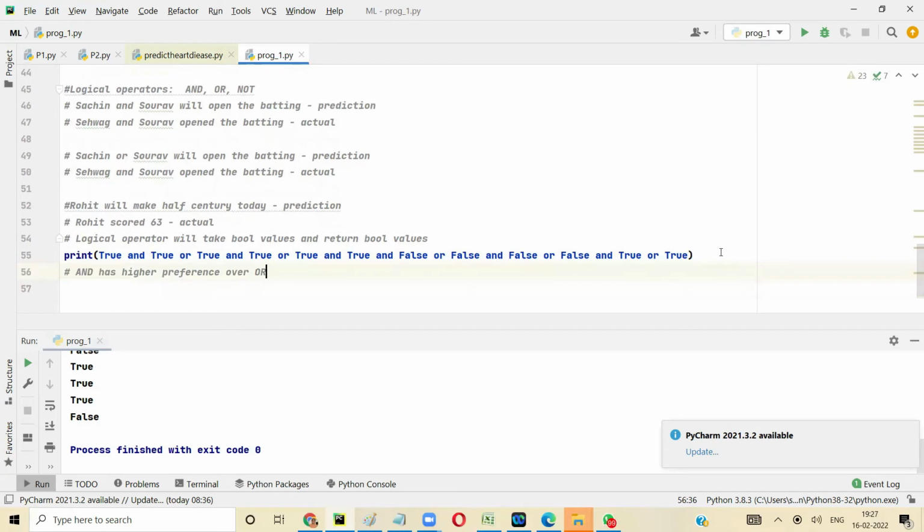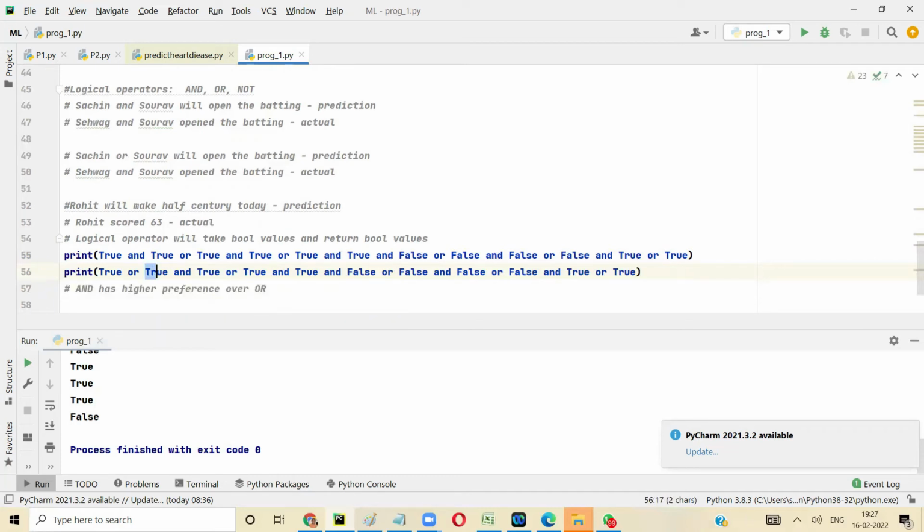Now try to solve this for me. We will first solve all the ANDs. Here you see, true and true is true. True and true, true and true is true. Now this AND, true.